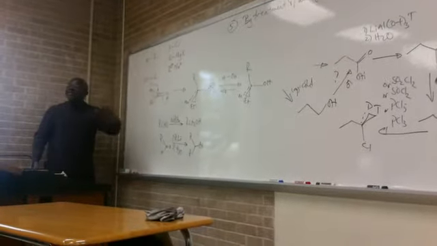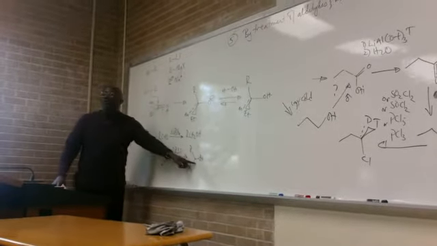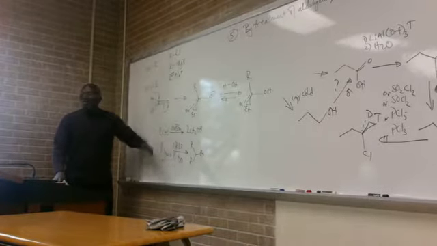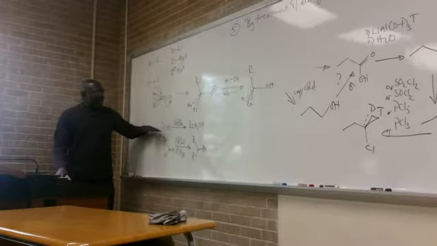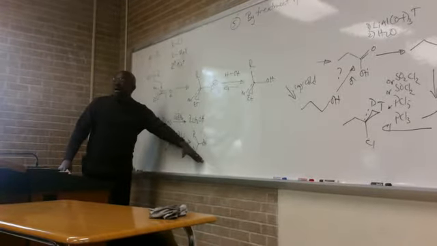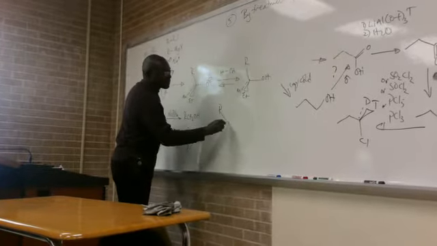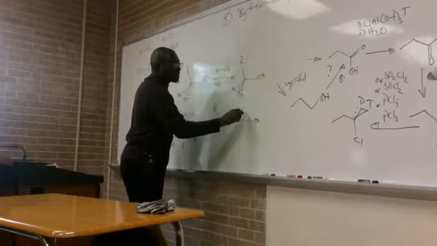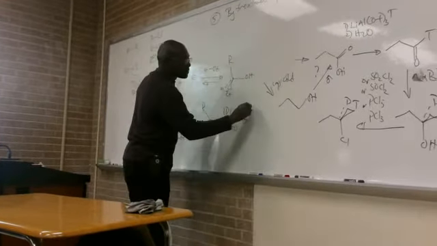It really is a reduction because we're going from the aldehyde level to the alcohol level. But instead of using H minus, I'm using R minus. So I'm converting an aldehyde into a secondary alcohol. What would happen with a ketone? If I use a ketone with an organometallic, what would I get? I get a tertiary alcohol.